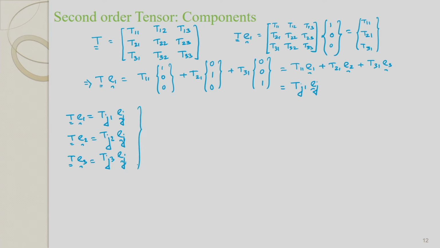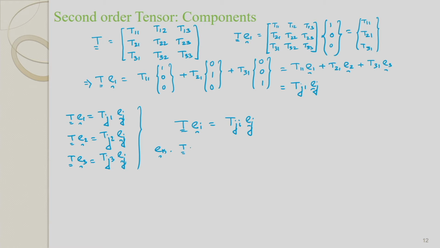So, we can write in compact form Tei is Tji Ej. Now, if you see, in the LHS it is a second order tensor which is operated on a vector Ei, so it is a vector, whereas in the RHS this is a linear combination of basis vectors E1, E2 and E3.